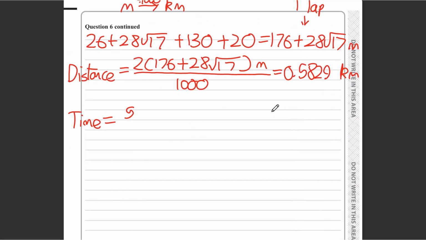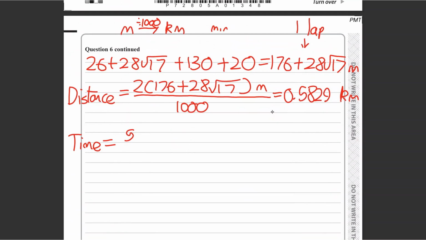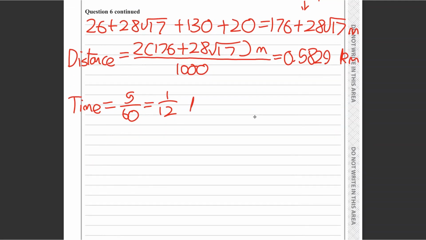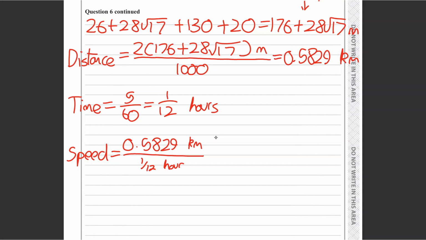In order to get from minutes to an hour, you divide by 60, because there are 60 minutes in an hour, so it's going to be 5 divided by 60, which if you put this into your calculator is equal to 1 over 12. So this is now in hours, so we've got kilometers and we've got hours here, so therefore to get the speed in kilometers per hour, it's going to be this 0.5829 kilometers divided by this 1 over 12 hours.